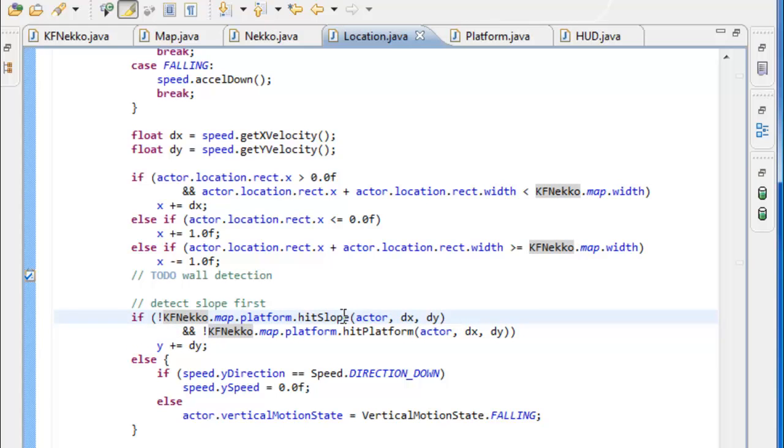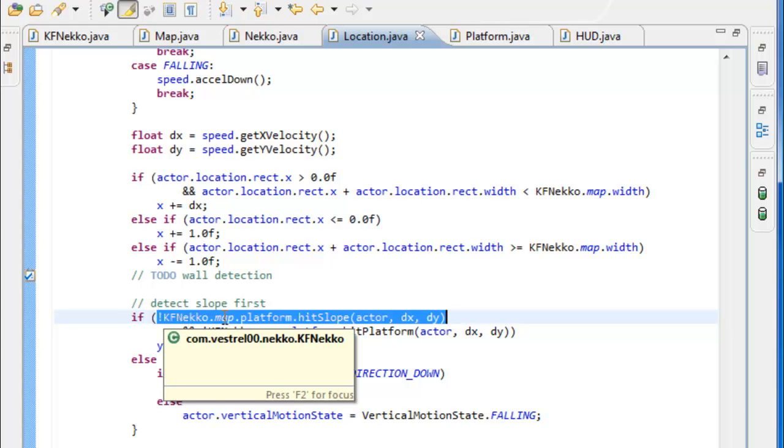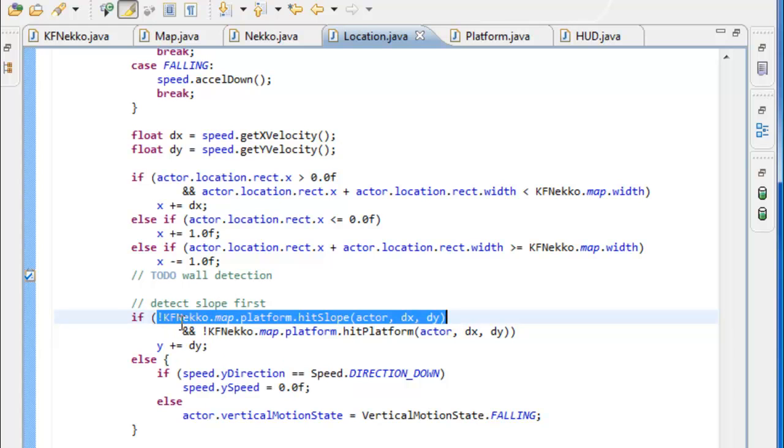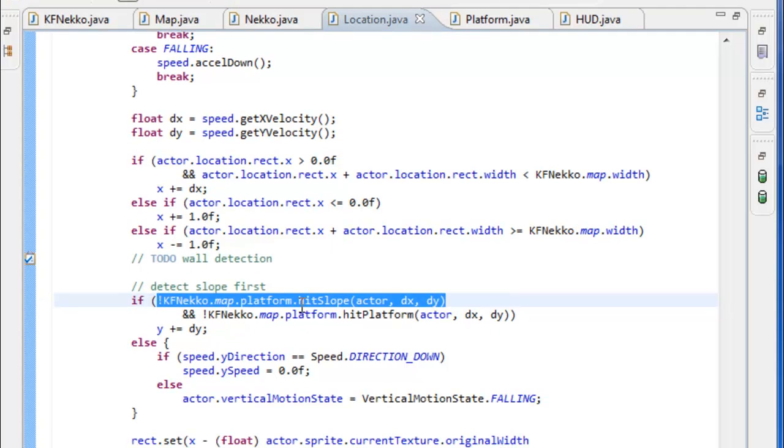So if we hit a slope, this will be false because of the negation. If it is false, we're not even going to execute this line of code over here because the logical AND needs both to be true. And since this is false, there's no point in checking. So that's what the Java compiler does. So it's not even going to execute this line of code, and we're just going to move on to this here right away.